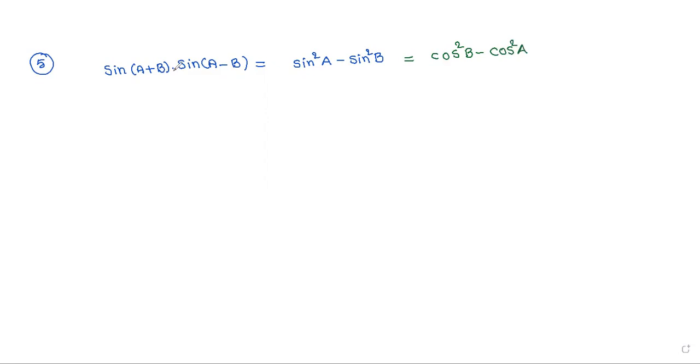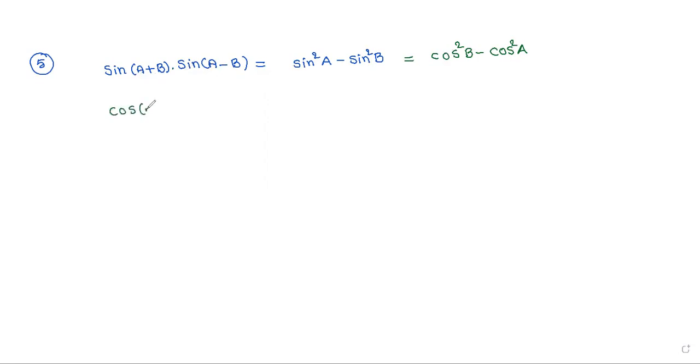Okay, in multiplication, sin of a plus b into sin of a minus b is equal to sin square a minus sin square b. This is only in sin. So when it comes to cos, it is cos square b minus cos square a. Okay, second one.